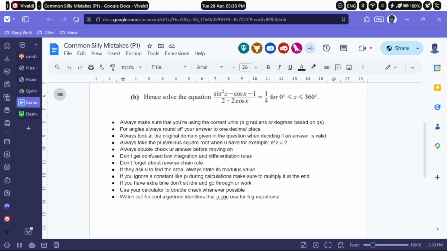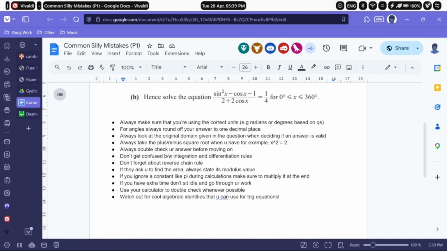I've seen people mess up their degrees and radians, and that's the easiest way to lose marks. So I would say just start by looking at whether they give you your domain in radians or degrees. Once you do the entire question, just double check whether the question is in radians or degrees.